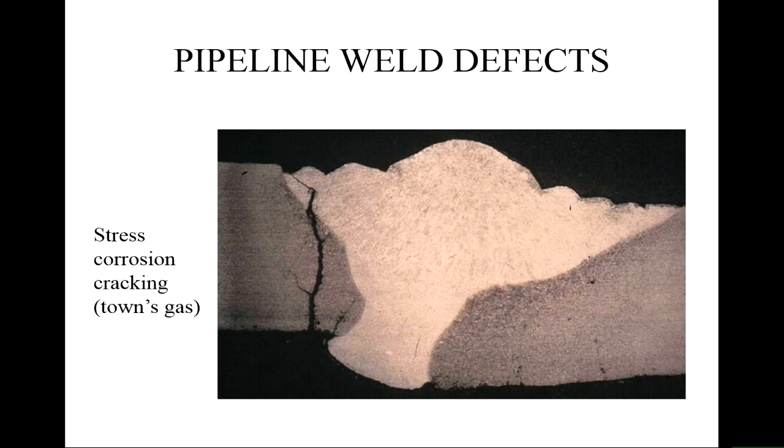And this is the case, it appears, with town gas. Town gas is coal gas produced from coal, which also contains a lot of hydrogen, so it might lead to hydrogen cracking, and many other components which are corrosive to the pipe.